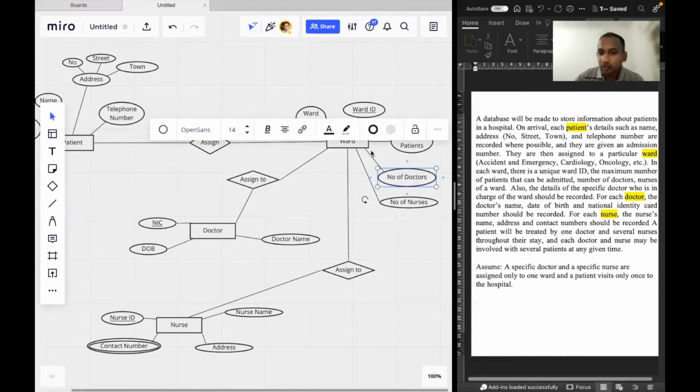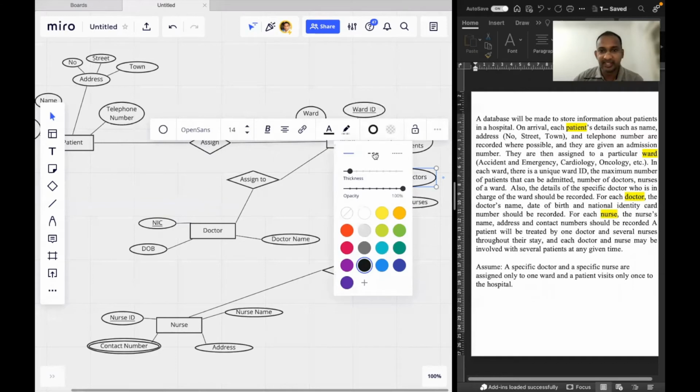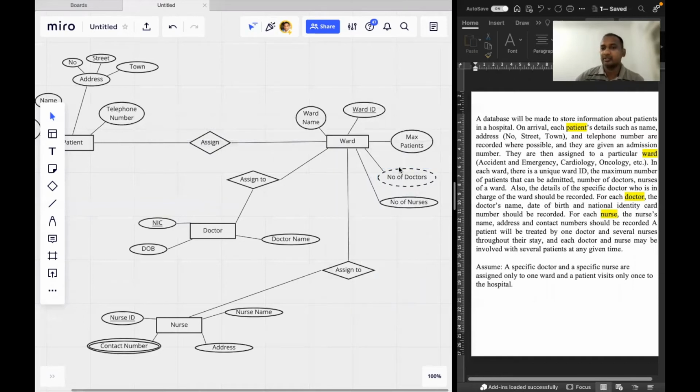One way is do not draw this attribute, just erase it. Otherwise, you can represent it using a dotted or dashed line. Likewise, here you can see this kind of dash line. Which means this is a derived attribute.